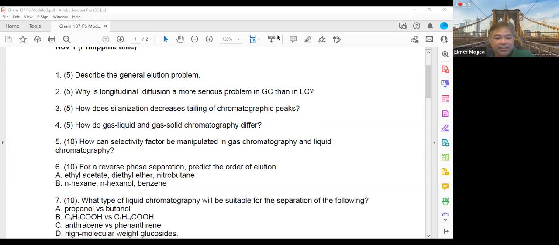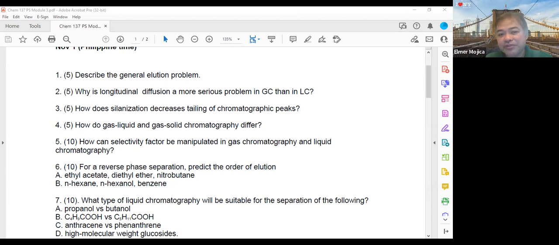Tailing is usually due to the interaction of your samples or components with the stationary phase. Okay, so if you cap the hydroxyl group, the hydroxyl group is the one causing the tailing. So you might ask, what is tailing? Usually, instead of a symmetric peak like this, you get one with a tail like this. That means there is some interaction happening there.